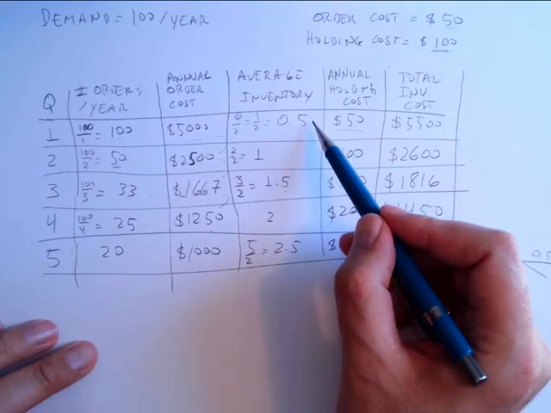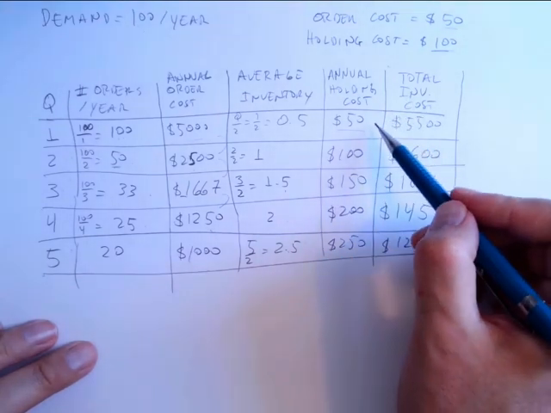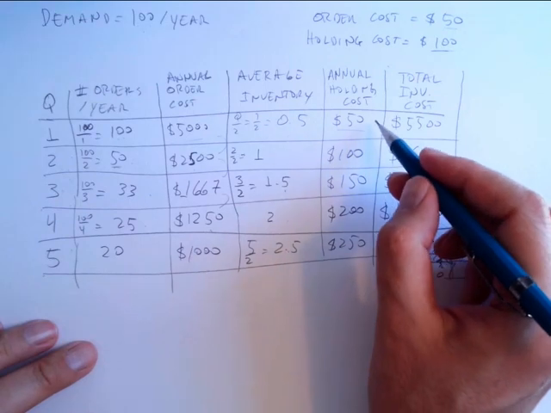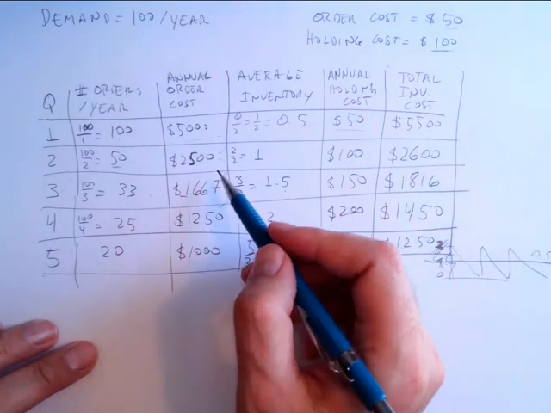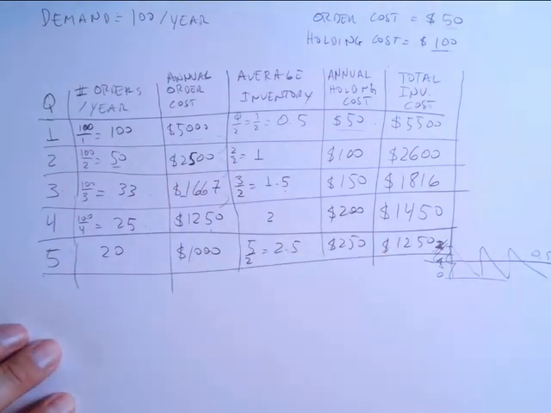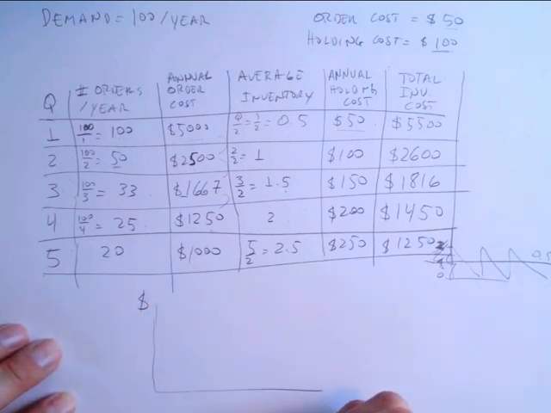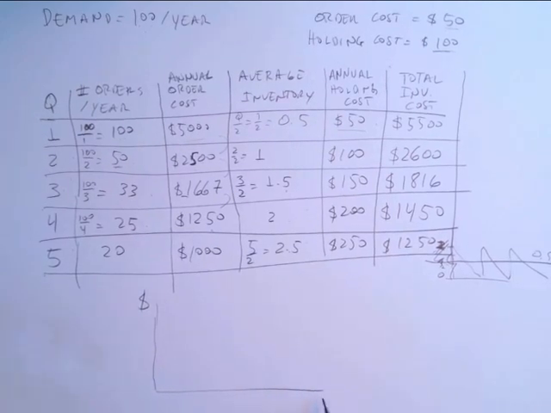What's happening with my average inventory level? It's going down. And it's going down at the same time my annual holding cost is also going up, right? But how much is this going down, right? So if I want to put this in a chart, I have the cost here, and then on this axis I'm going to have the quantity, okay?